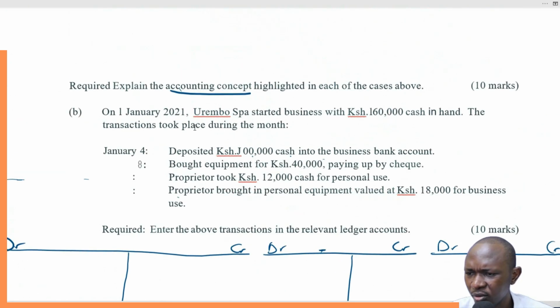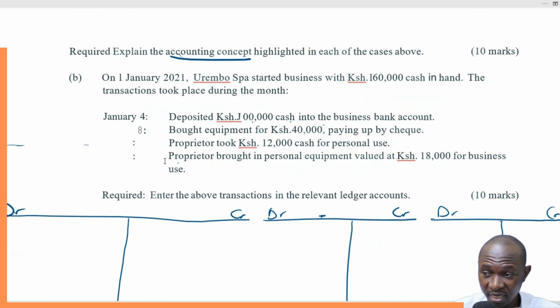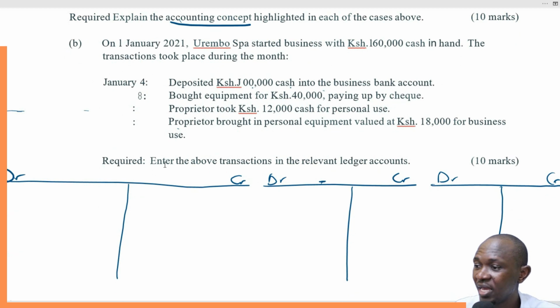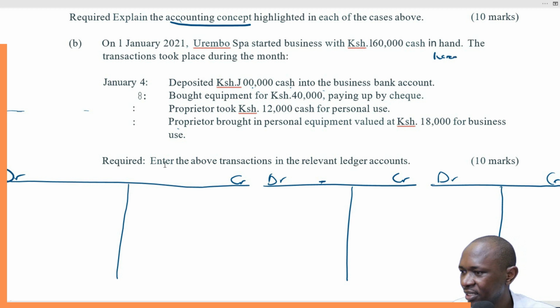So on 1st January 2021, Urembo Spa started business with 160,000. And just before we start this question, it's good to be guided by these very simple rules. An increase in asset, we debit. A decrease in asset, we credit.